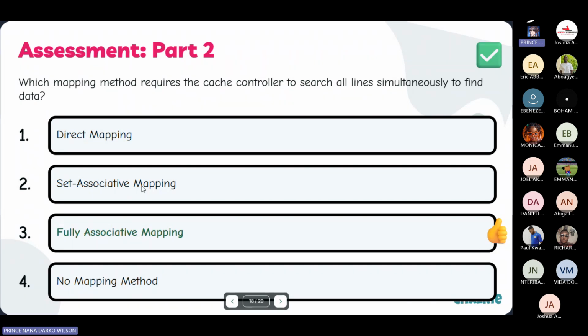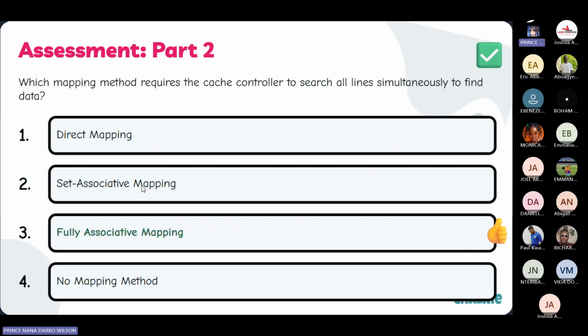So let's see. Set-associative, on the other hand, combines both the flexibility of the fully associative, but with the restriction of the assignments given inside direct mapping. So this means that instead of searching the entire cache space just to find one line of cache for a particular data, you are reduced to searching a particular set.